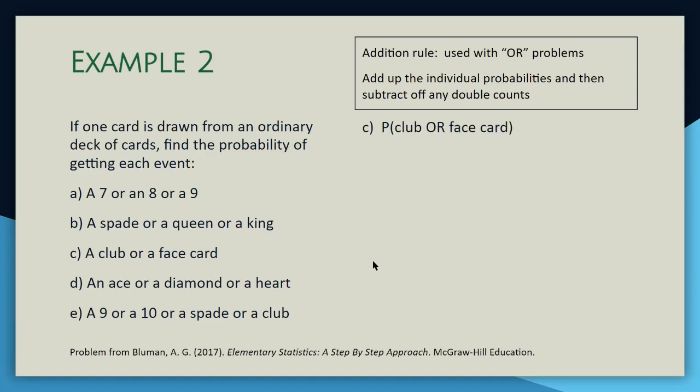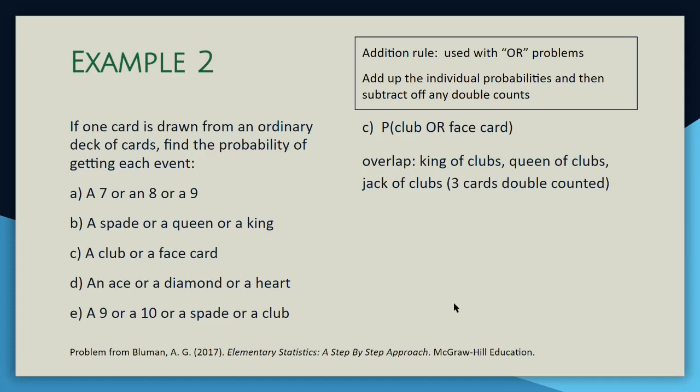Okay, for C, we're looking for club or a face card. For those of you who are not familiar with a standard deck of playing cards, a face card is a jack, king, or queen. So on a standard deck, those are the 3 cards that actually have a picture of a person on them. And in this case, the overlap is going to be those face cards that have a suit of clubs. So the king of clubs, the queen of clubs, and the jack of clubs. So we need to subtract off those 3 double counts.